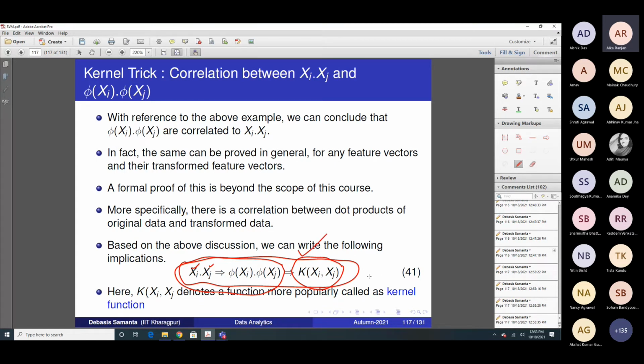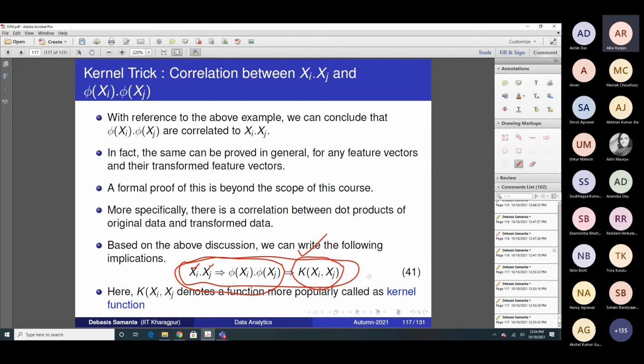Now what is the final conclusion from here? Given two vectors xi and xj which you want to test, we can see if there is any kernel function available, so that this kernel function will return the value which is effectively the cosine similarity of xi and xj.